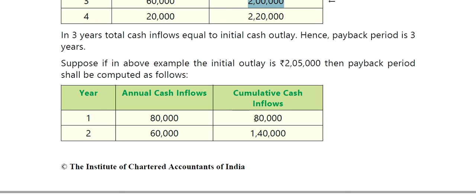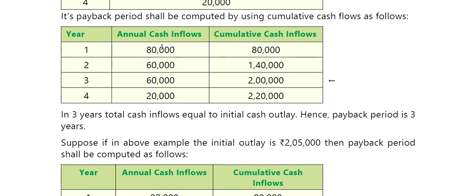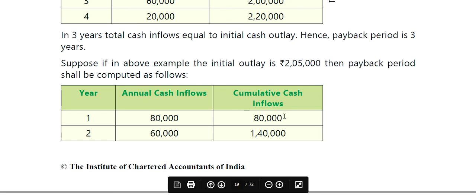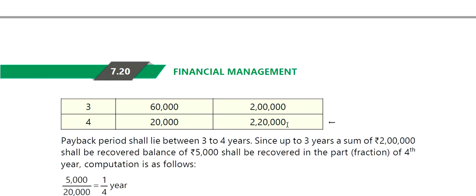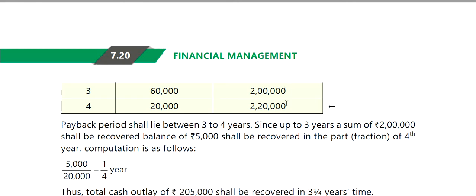The 20,000 is profit. Now let's say the cash outflow is 2 lakh 5,000. Same case: 2 lakh 5,000 is your cash outflow at the beginning. You do the same thing: 80,000, 1 lakh 40, 2 lakh 20,000. Now you have to recover only 5,000, not 20,000.